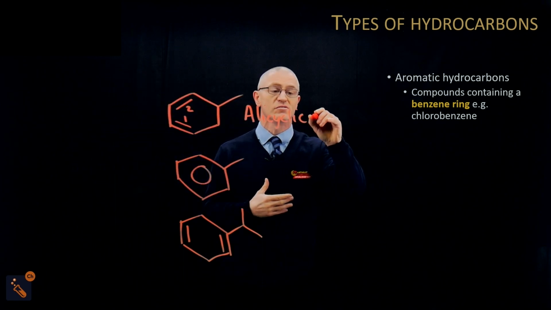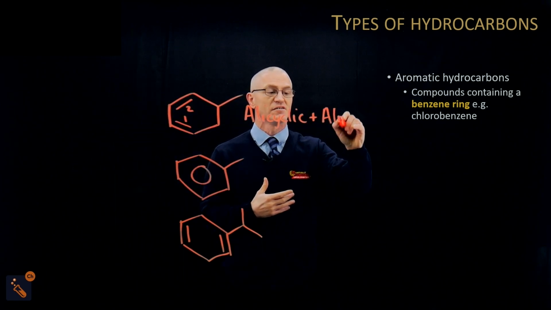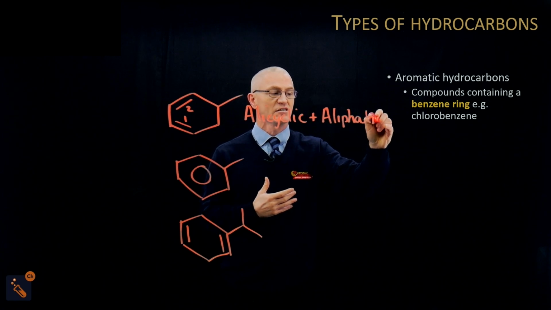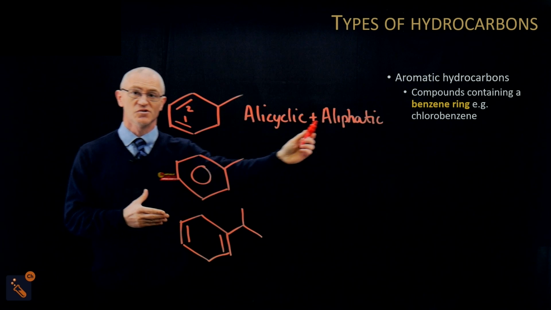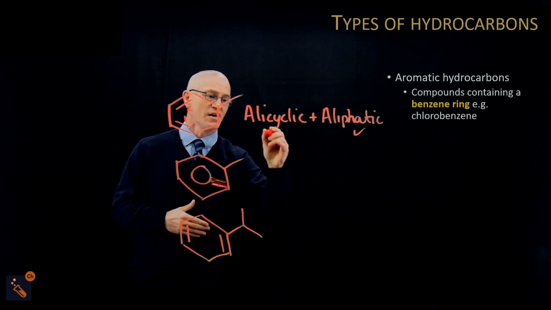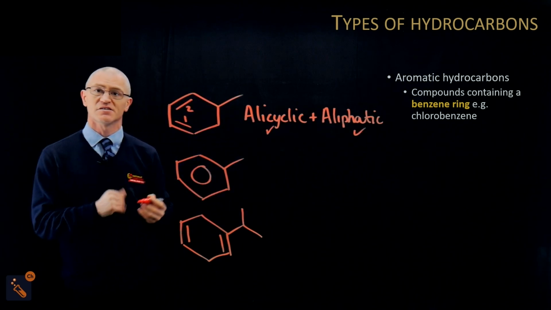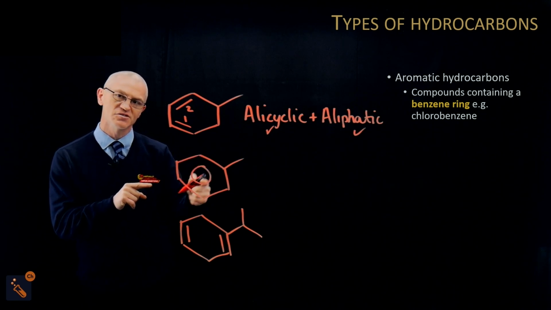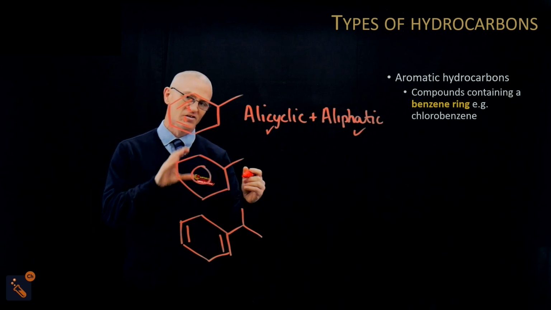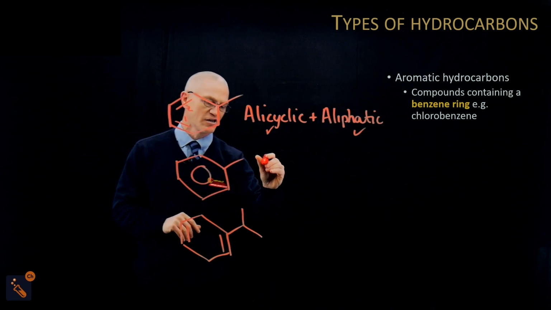Well, it's also aliphatic because it's a chain in a ring. So you've got the chain, tick, and you've got the ring, tick. Okay, so that's good, but it's not aromatic. The circle tells you it's aromatic. If you see the circle within the hexagon, aromatic.